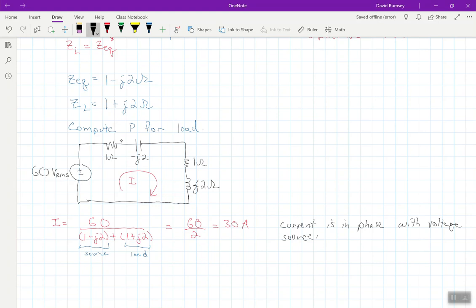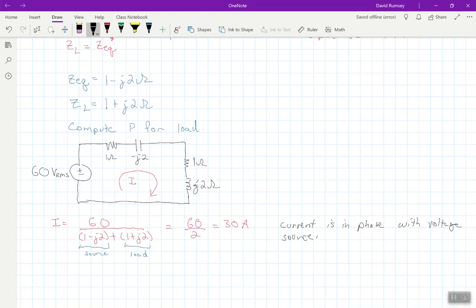Now, we're not talking about the power factor for the loads and everything, because it's not that all the power getting delivered to the load is going to be average power. There's still going to be reactive power. But if we think about what the power factor is for the source, since the voltage and current are in the same phase, that means theta V minus theta I is 0.